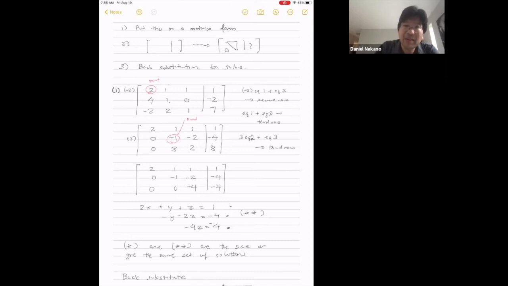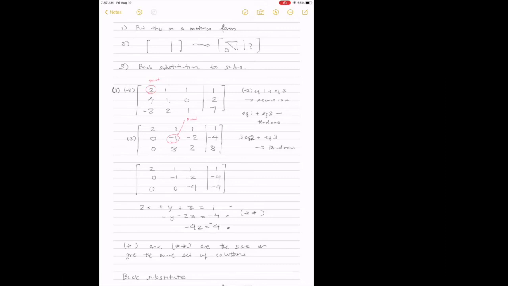Once you're done with that, you move to the second column, and knock out everything underneath the entry in the second row, like what I have here. Then you move to the third row, third column, and keep going with the procedure. So you do it from left to right. Is that more clear? Yeah, that makes sense.